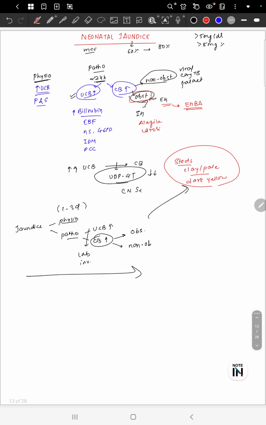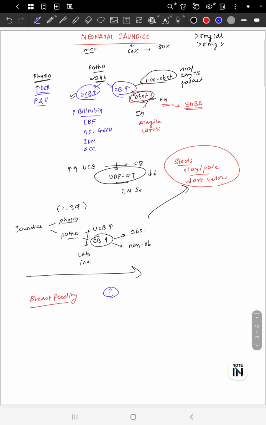Now there are some other terms, like breastfeeding jaundice. Breastfeeding jaundice is also called suboptimal intake hyperbilirubinemia. That means the breastfeeding is not adequate enough. In these conditions, the enterohepatic recirculation increases, and because of enterohepatic recycling, the bilirubin levels increase.